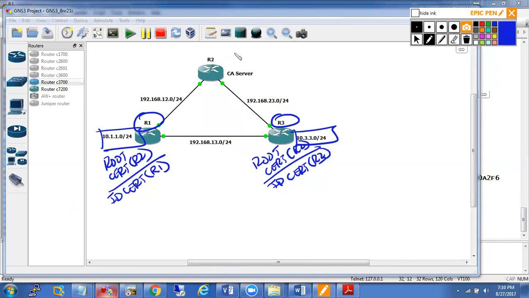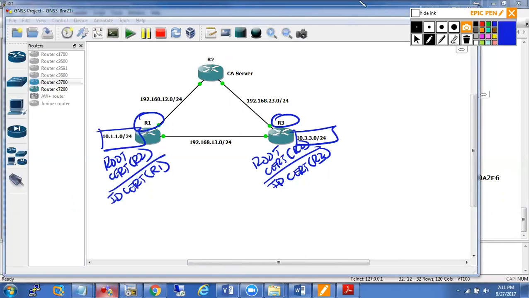But if you had 20, 30 different devices that you're doing VPNs with, rather than having a pre-shared key with everybody for phase 1, or for that matter, for authenticating and validating the other device, this is a much more scalable way of doing it, because once you have an ID cert, you can go to anybody that is trusted by this root certificate. So in a larger scale, it's much easier, but on a smaller scale, it is a little bit more work.